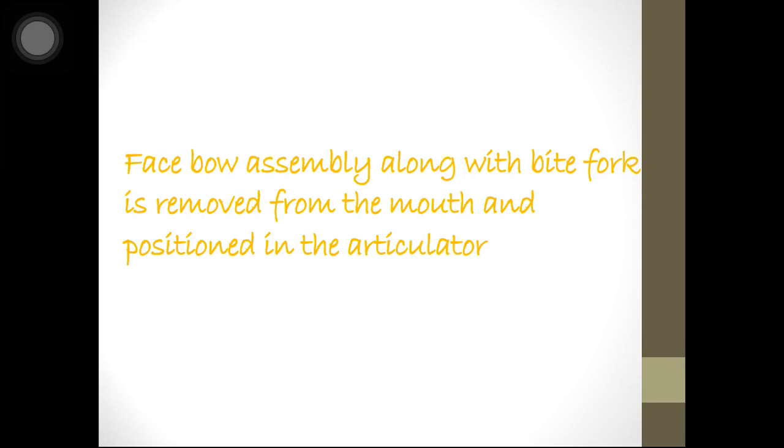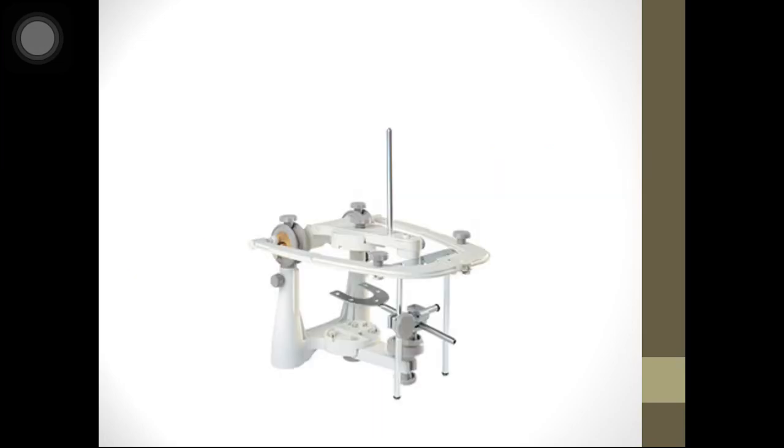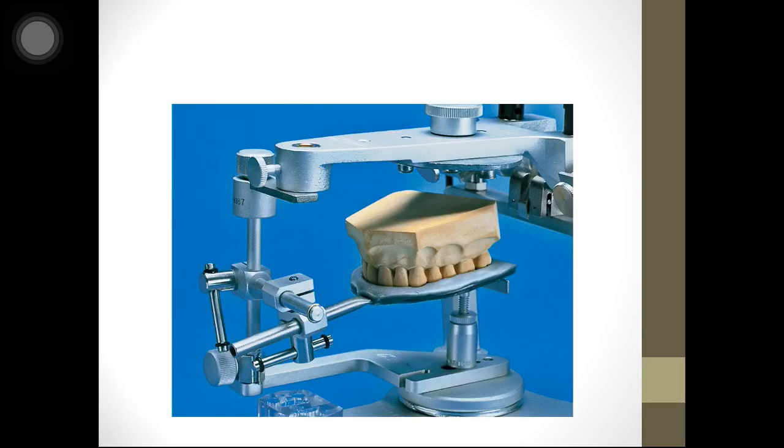The facebow assembly along with the bite fork is removed from the mouth and positioned in the articulator. This is the U-shaped frame. This is the point where the external auditory meatus record rods are joined over the articulator, and then the maxillary arch is attached to the upper member of the articulator.